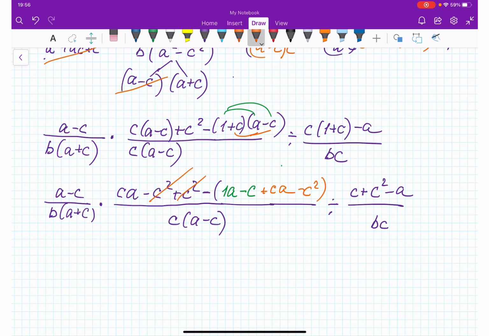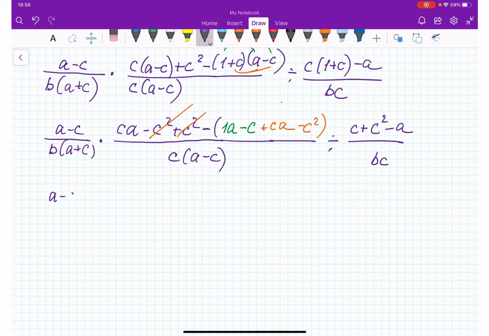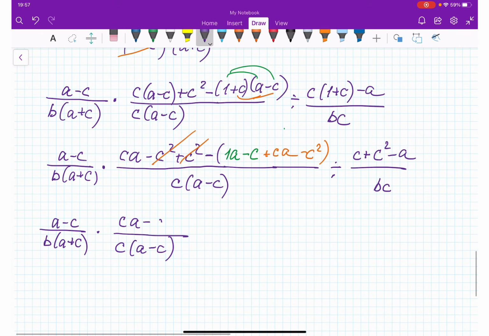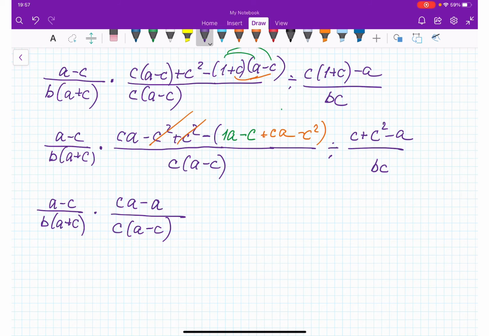Canceling. Let me open in front. I have negative sign in front, so it's going to be a minus c over b times a plus c multiplied by c times a minus c, and here I get ca minus, wait a minute, minus a plus c, because I'm opening and in front I have negative sign, right?